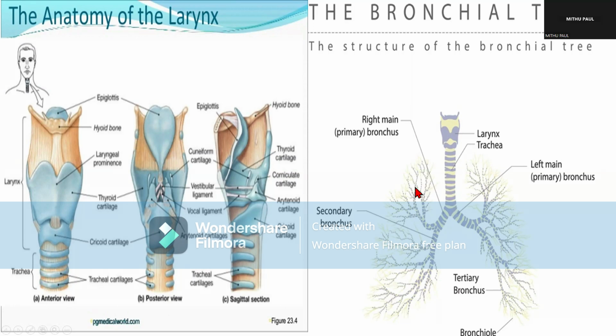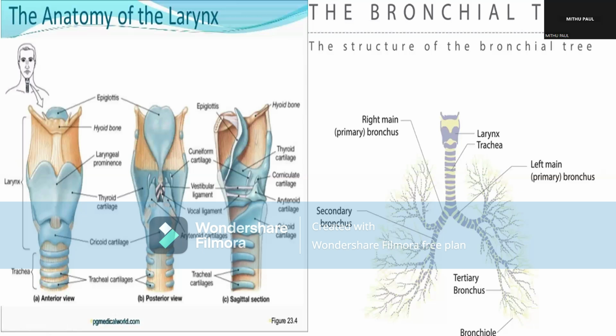In the tracheobronchial tree, you will get a series of C-shaped cartilages known as the tracheal cartilages, altogether around 12 to 20 in number. The cartilage proceeds up to the tertiary bronchus, which is the terminal site up to where we see cartilage in the wall of the airways.